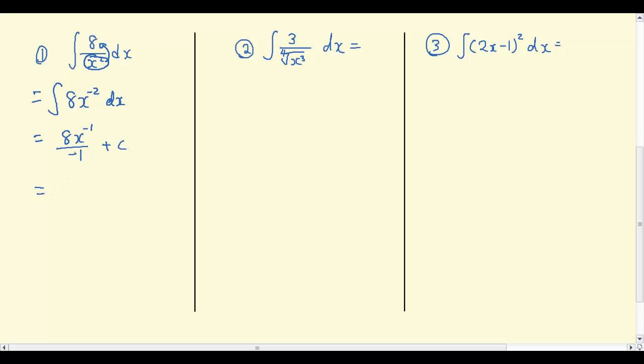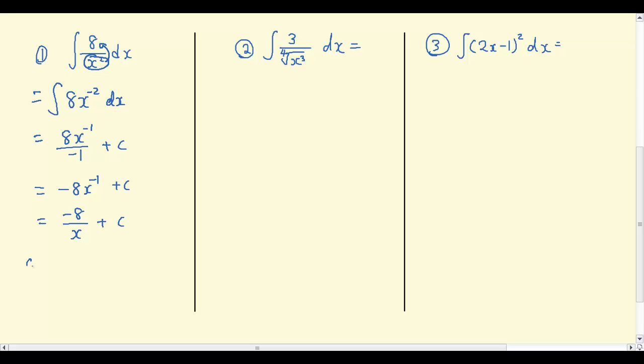Now 8 divided by -1 is just -8, x to the power of -1 plus c, and I'm going to move the x back to the bottom of the fraction just to make it positive. So that's the answer, -8 over x plus c.